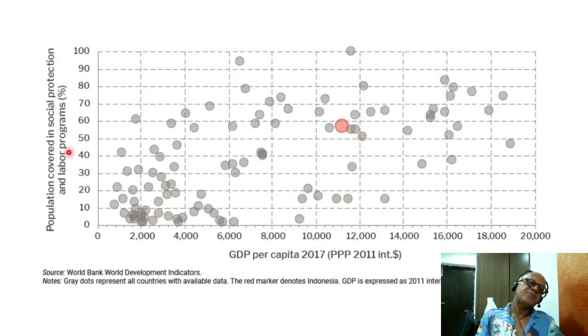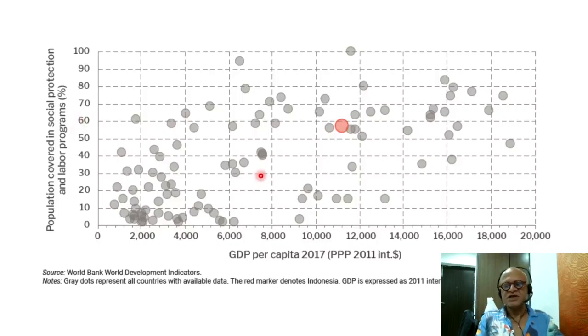This is again population covered in social protection and labor programs with GDP per capita. Indonesia is here again. So generally as GDP goes up, population covered in social protection and labor programs tends to go up, but you can see tremendous scatter because not every government prioritizes populations to be covered by social protection and labor programs.